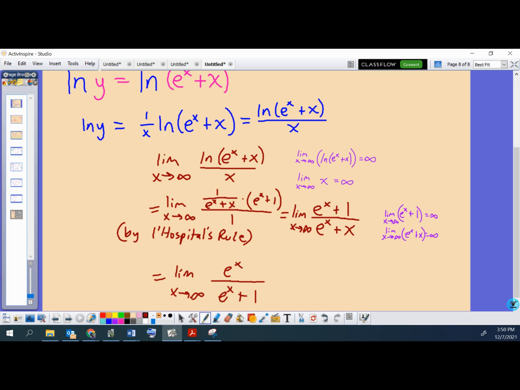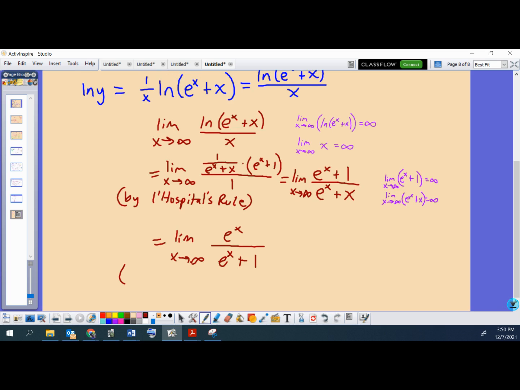And I'm not going to do it again at this point, because clearly we can see here that the plus 1 doesn't really matter, right? Anyway, this was also by L'Hopital's rule.